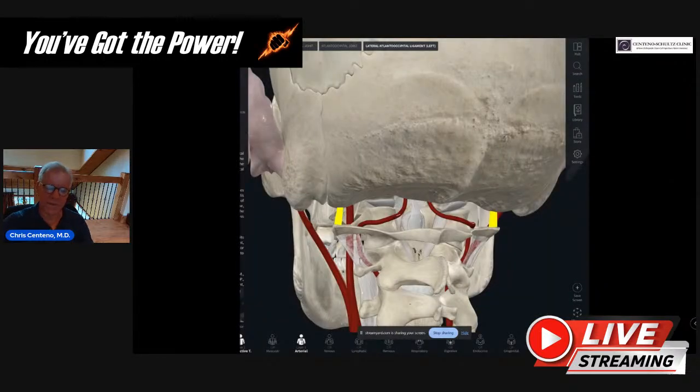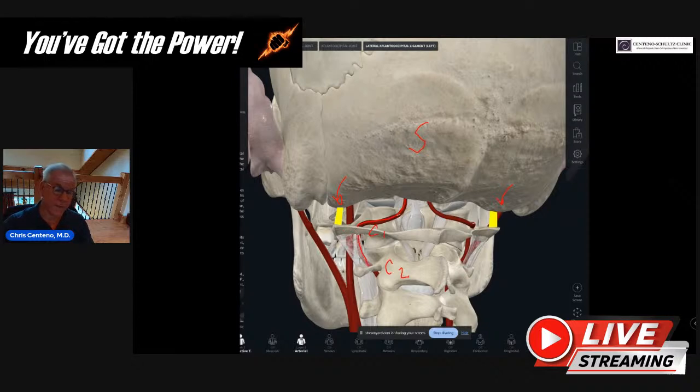And this is another view here. This is the AO ligament in yellow. Again, just to orient you, this is C1, this is C2, this is the skull up here. Pretty important to realize that the vertebral artery is snaking through here. There's a little foramen, or hole, in C1 where the vertebral artery goes through.